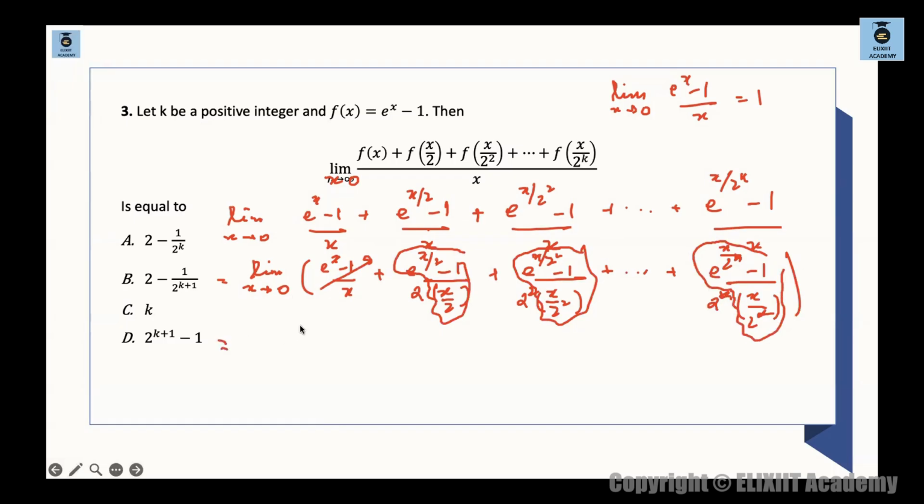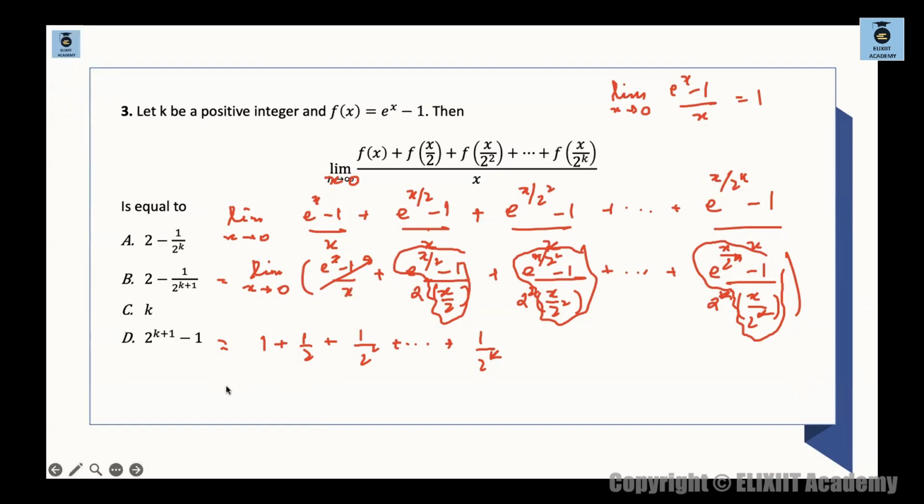So what is remaining? 1 plus 1 by 2 plus 1 by 2 square, and so on up till 1 by 2 raised to the power of k, which is nothing but a GP. You can clearly see this. First term is 1. Common ratio is what?